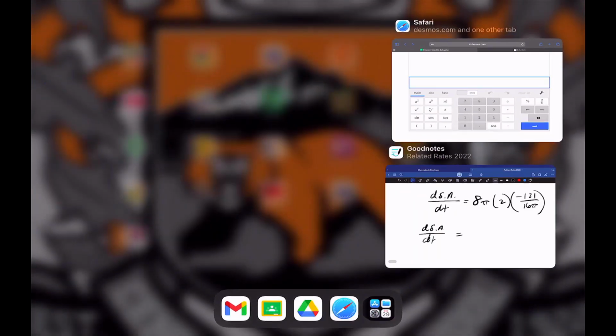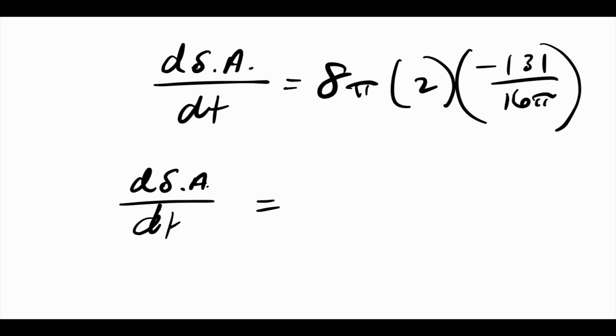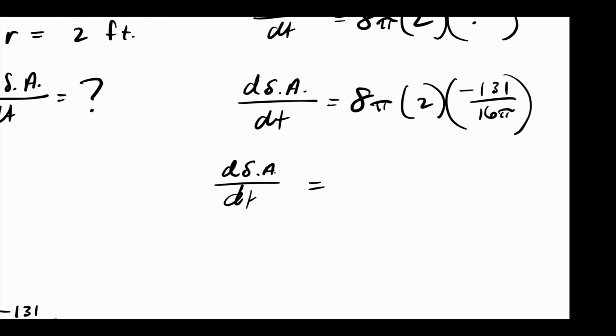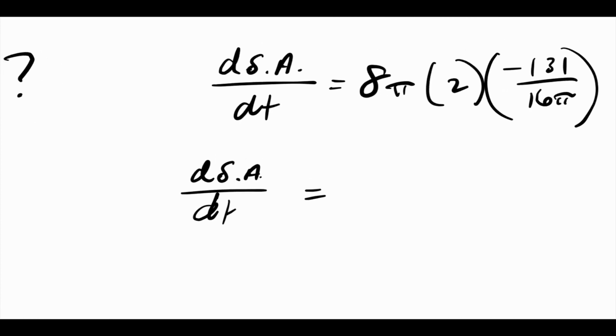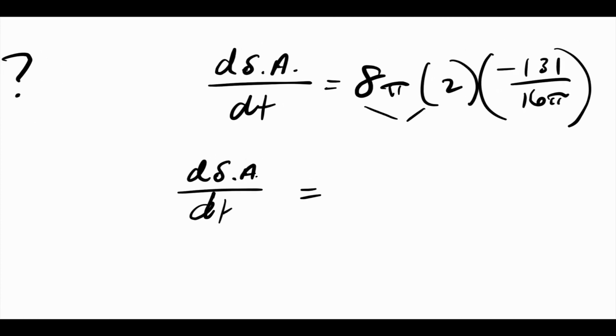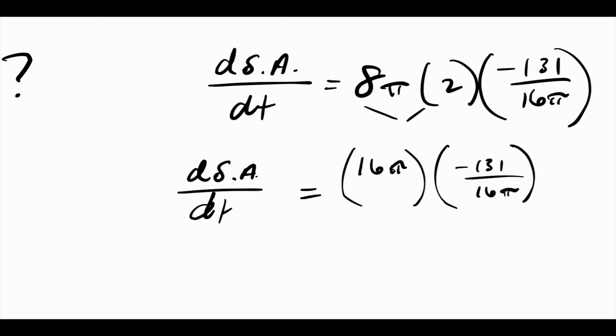So on the test, more than likely, they won't have you use a calculator. What they'll do is they'll just have you reduce this as far as you can go. So I'll do that in the notes just to show you how to do it, even though this is a calculator question. So you would just multiply. So I multiply these two guys, I get 16 pi. Negative 131, right? Over 16 pi. That guy's over 1.